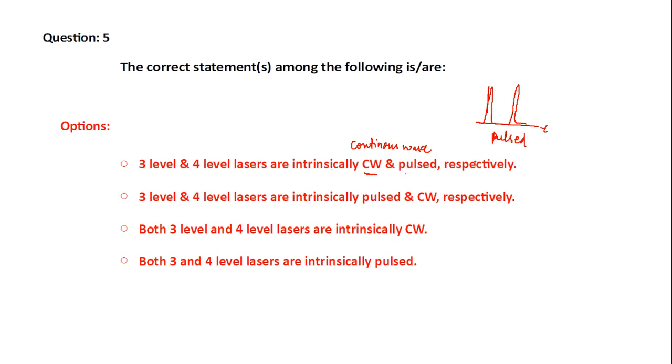In order to understand this, first we'll go with the 3 level and 4 level types of laser. Initially what we discussed was a 2 level system where there used to be a ground state and an excited state. But what about 3 level and 4 level lasers? Suppose there is a system with ground state 1 and excited state 2, and there is one more state, which I consider to be 3, at somewhat lower energy than 2.